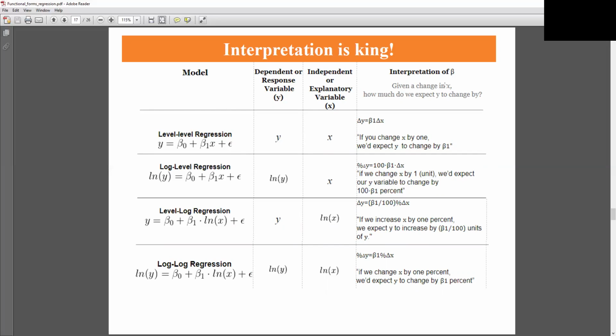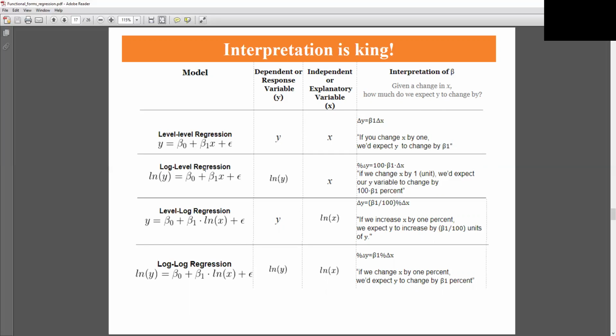So delta y is equal to beta 1 delta x. If you are changing x by 1 unit, then y changes by beta 1 units. So if beta 1 is 0.4, then if x is changed by 1 unit, y increases by 0.4 units. So this is your linear regression.